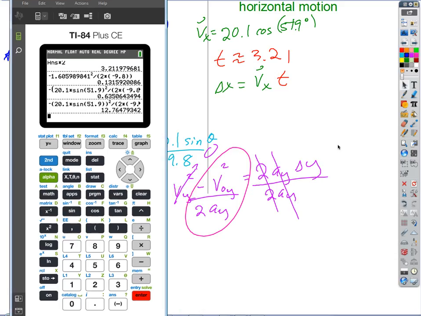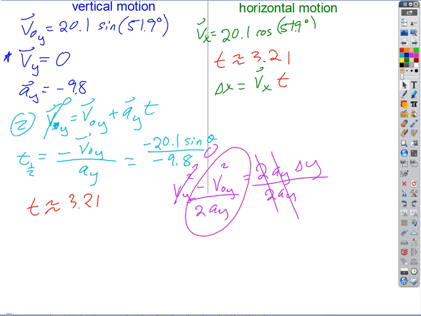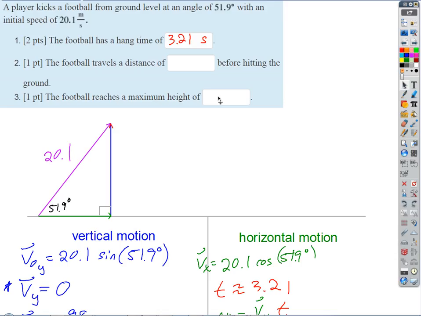Okay. I'll let you work. Get questions answered before I screw something else up. I'll put these numbers in here. So 12.8 meters. Travels the distance of.